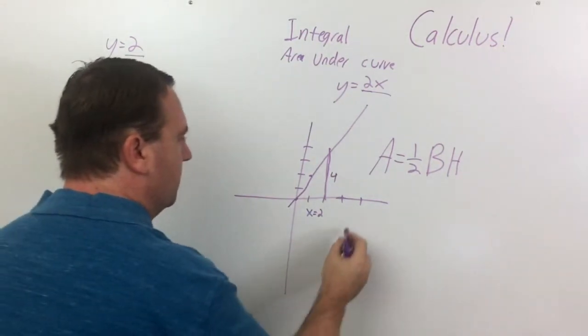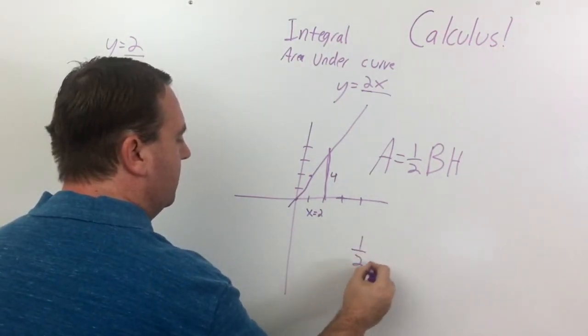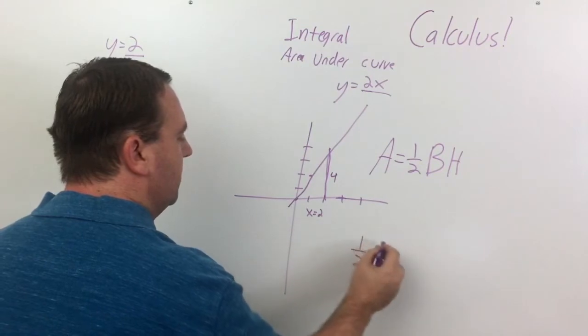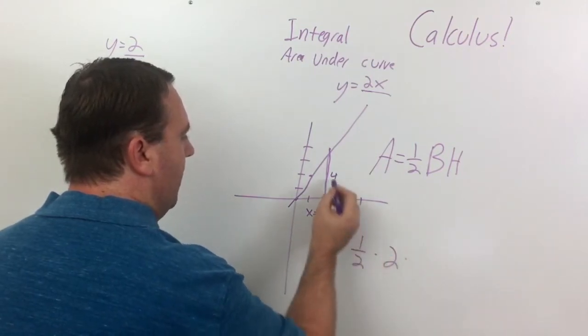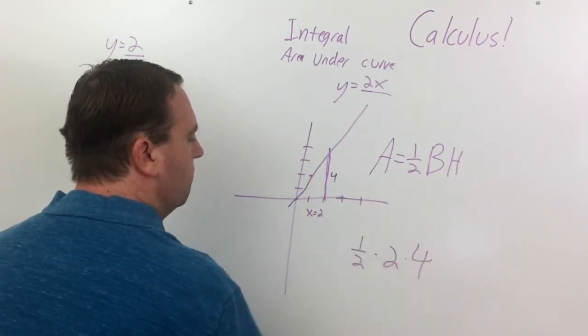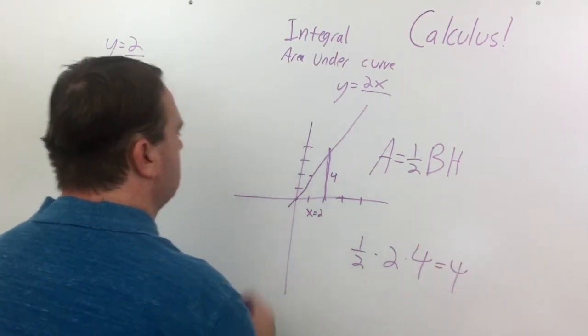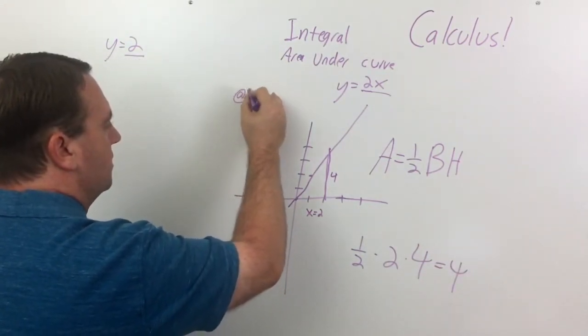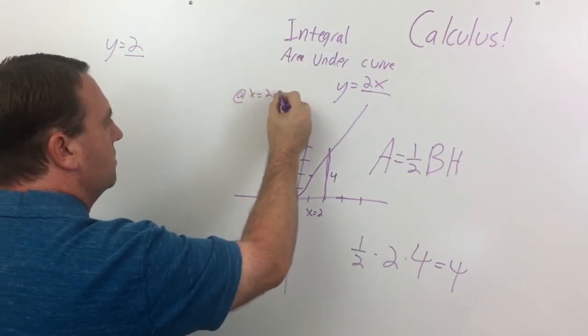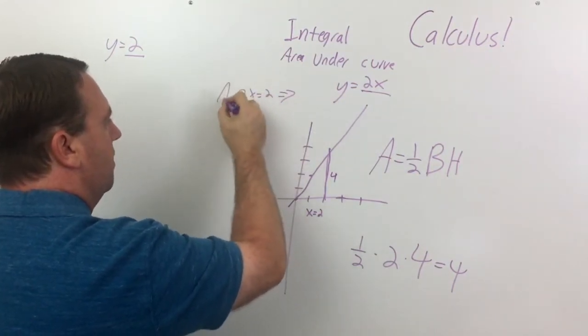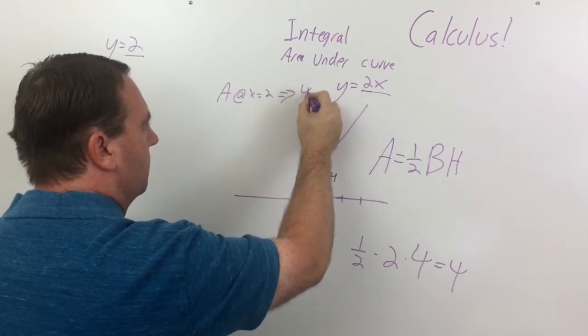So this would give us 1/2. The base is our x value, which is 2, and the height is the y value, which is 4. So that's going to be equal to 4. So, at x equals 2, the area will be 4.